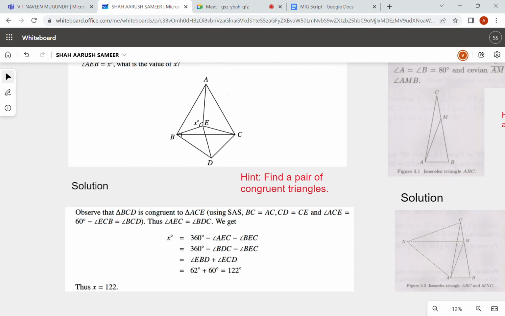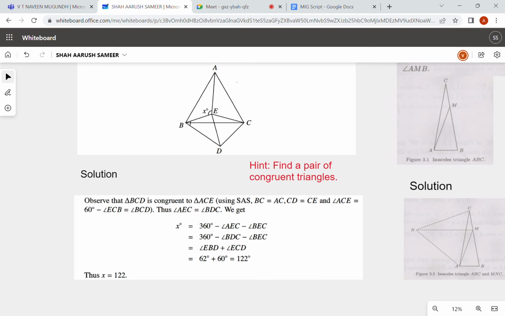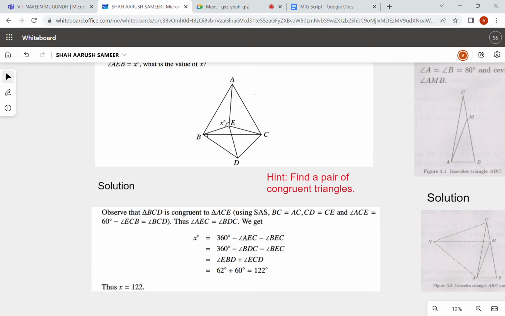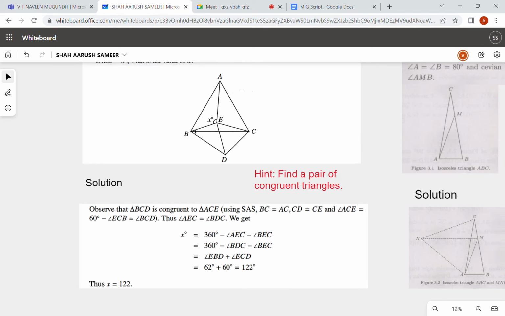Then it follows that x equal to 360 degrees minus angle AEC minus angle BEC, which is equal to 360 degrees minus angle BDC minus angle BEC, which is equal to angle EBD plus angle ECD as shown in the diagram. Thus, x is equal to 62 degrees plus 60 degrees, which is 122 degrees. Thus, the answer for this is 122 degrees.